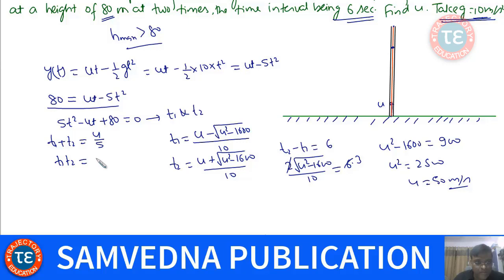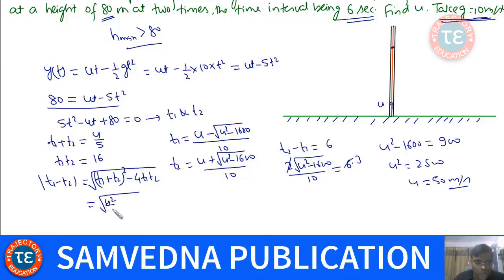and the product of roots is 80 by 5, that is 16. So t1 minus t2 would be what? Under root of t1 plus t2 whole square minus 4 t1 t2.